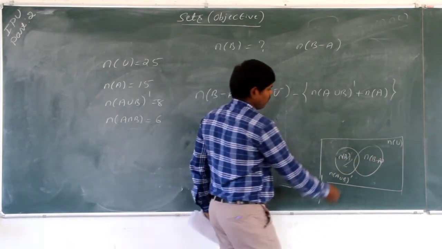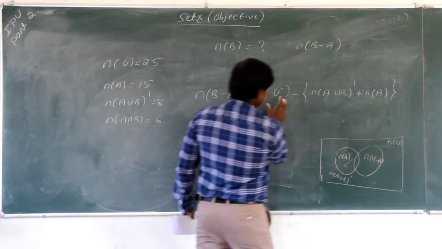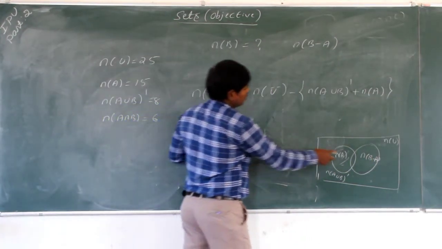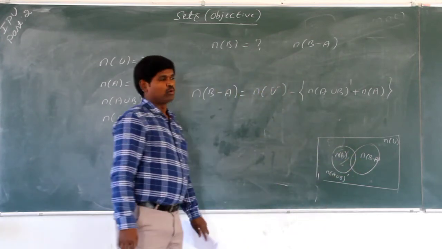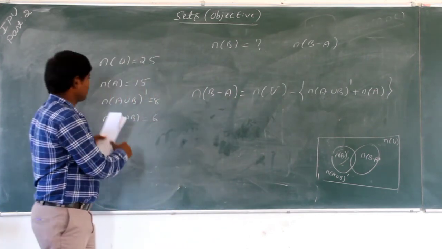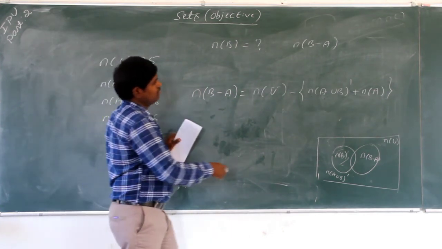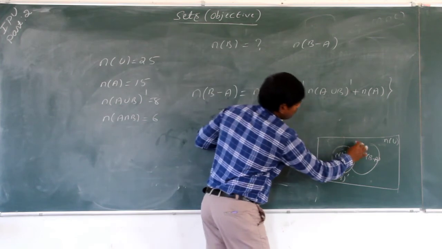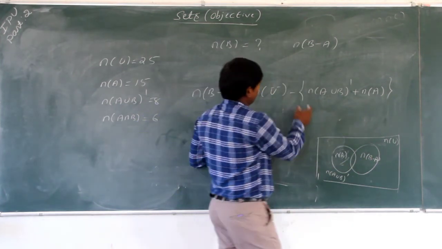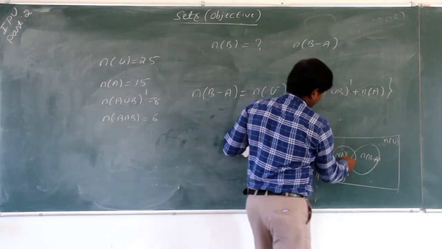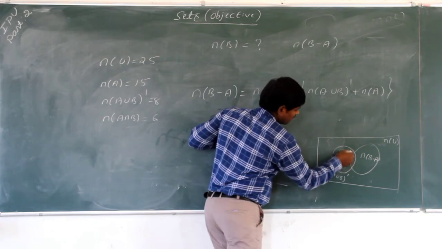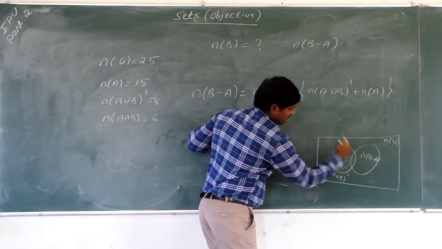Therefore, we are going to calculate this by using the given data. We subtract n((A union B)'), which consists of all the elements outside the union, from n(U), the number of elements in U, including this area.